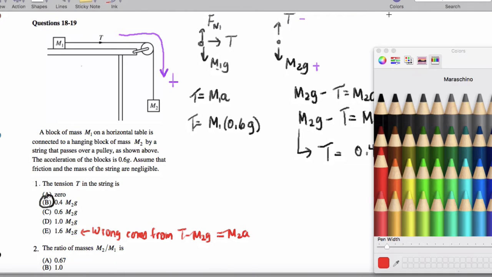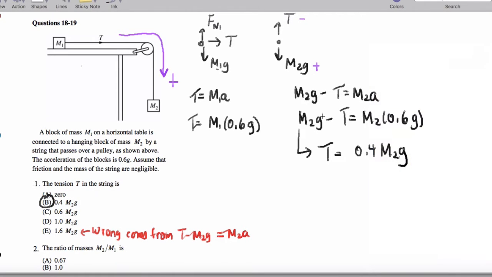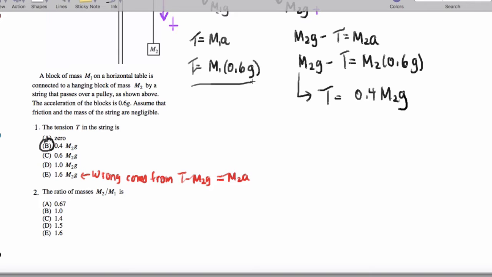Now let's get the ratio of the masses. And so I have two expressions for the tension, one here and one here. So I know that 0.6 m1g equals 0.4 m2g. I'll cancel out the g's. I'll divide both sides by m1.